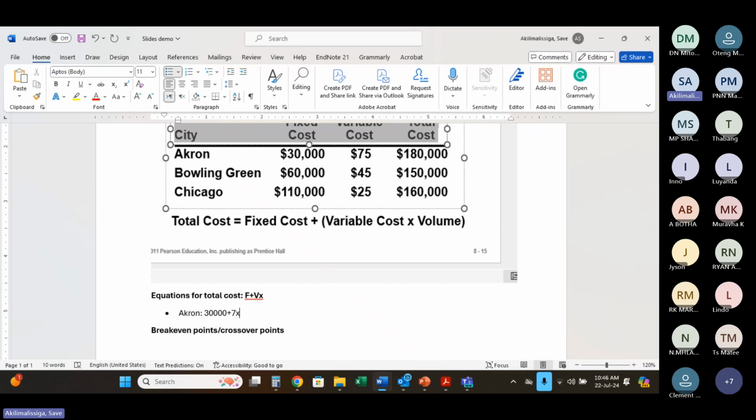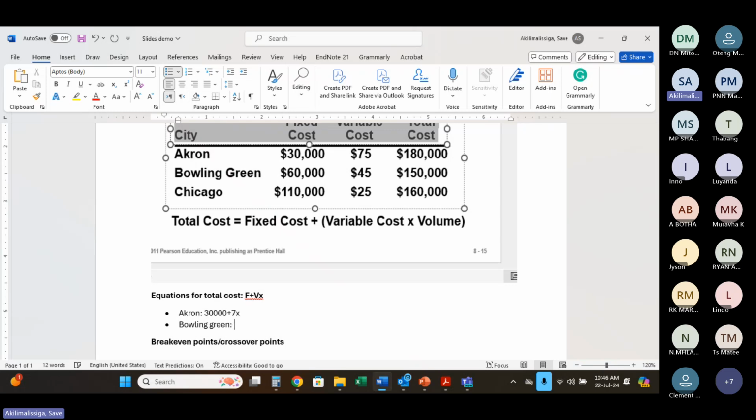It has to be multiplied by the volume because we don't know the volume. So we have to write x, generally speaking, even if 2,000 units is given, because this is the general formulation of the equation. Now Bowling Green.